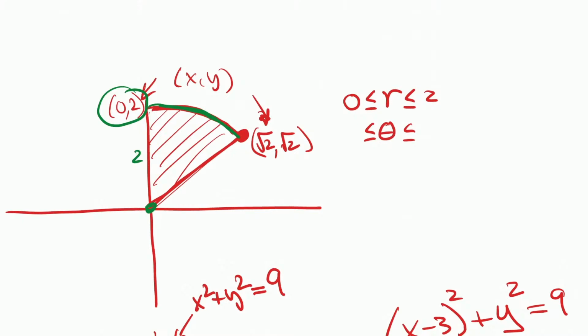All right, Madison, what about the theta? What does the angle go from what to what? So the radical 2 over 2 is important. If you're trying to figure out the angle, maybe this angle right here, you would do something like this.